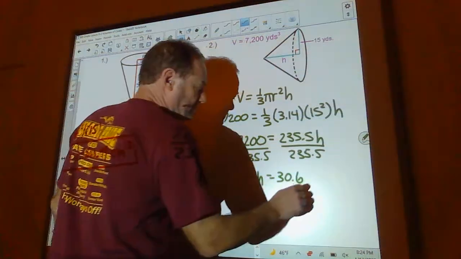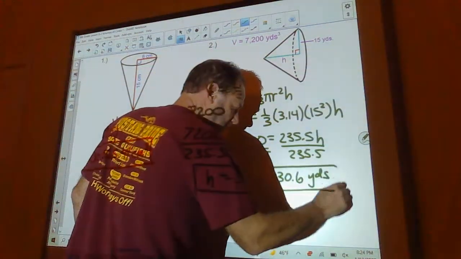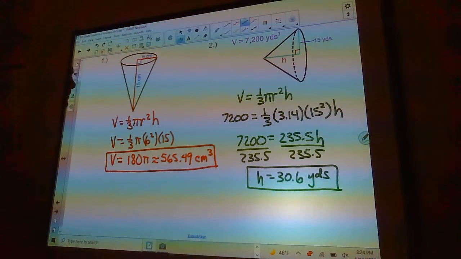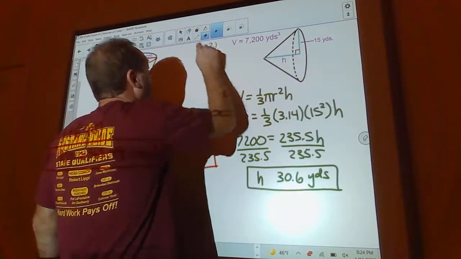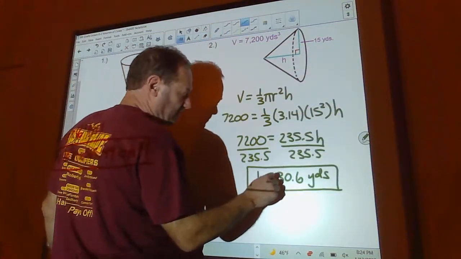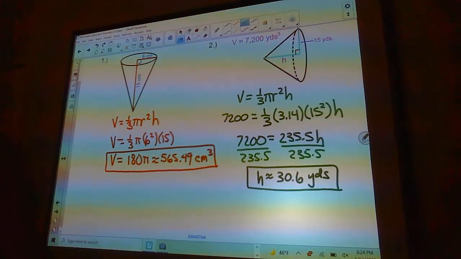And that's in yards. There we go. So hopefully that's what you got. And again, this should be an approximation, because I used 3.14 for pi instead of the pi key. So there you go.